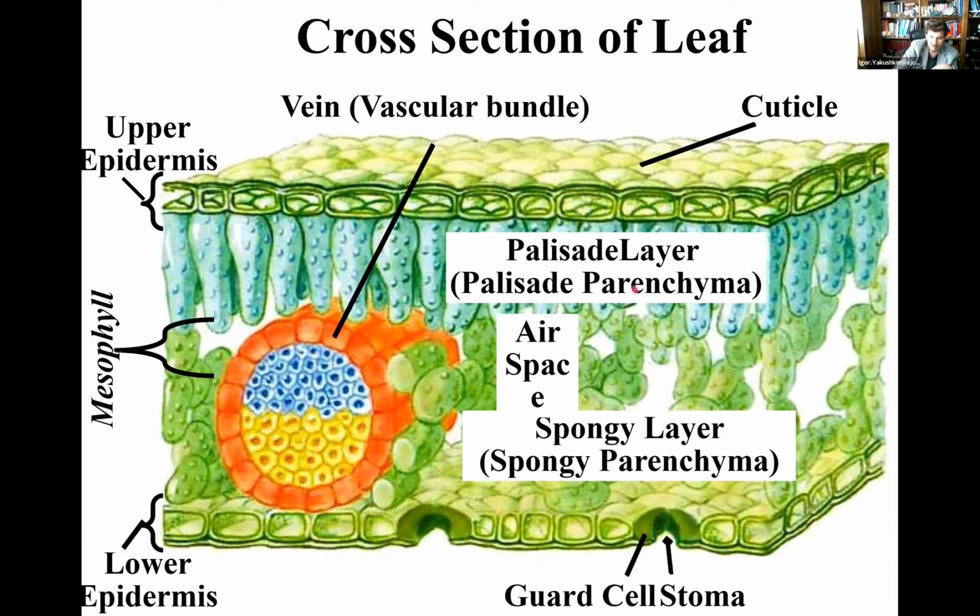From the air spaces, it will be used up in photosynthesis to produce sugars. Sugars will be moving on into vascular bundles and will be delivered throughout the body. But now oxygen from photosynthesis will go into those spaces and then will be moved out of the leaf. So this is essentially how it works, and let's take a look.